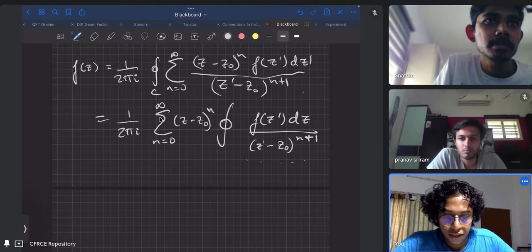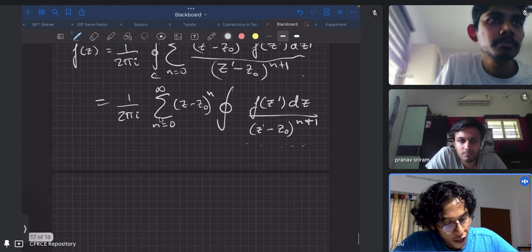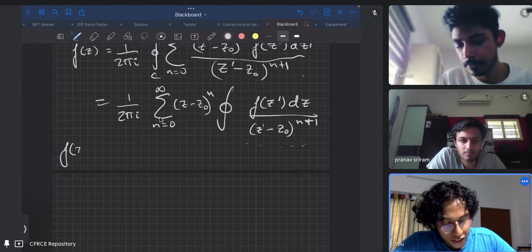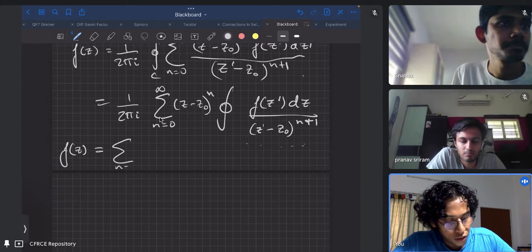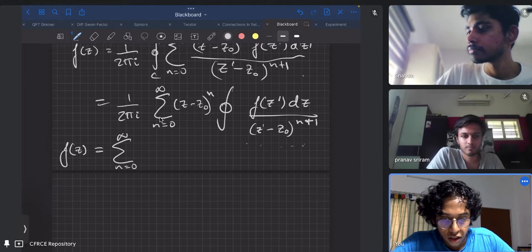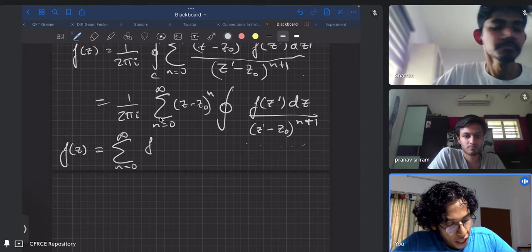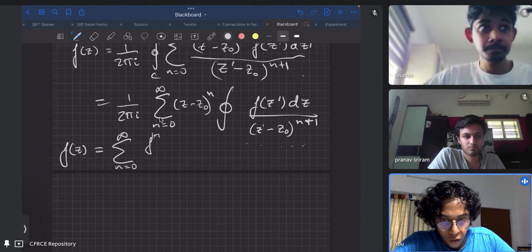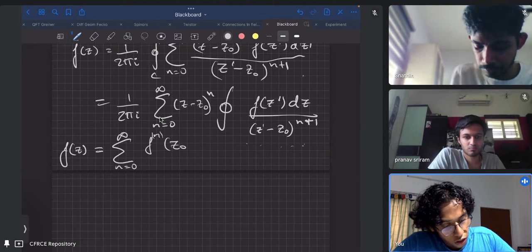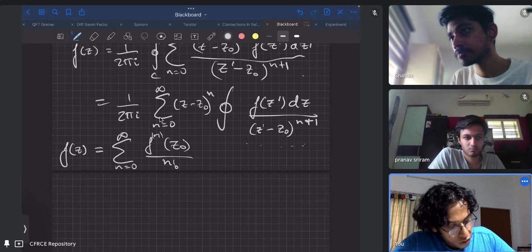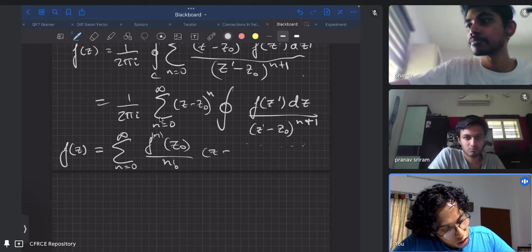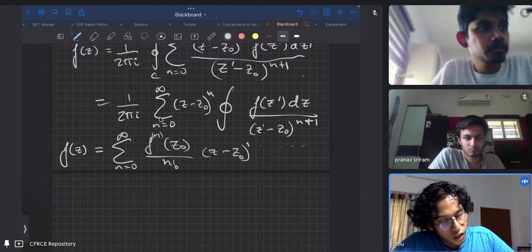Yeah, exactly. So you have f of z is equal to summation of n equal to 0 to infinity, the nth derivative of f at z naught by n factorial, times (z minus z naught) to the power of n.